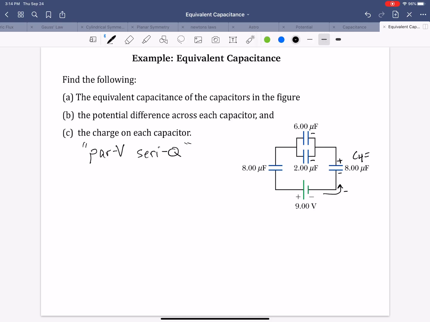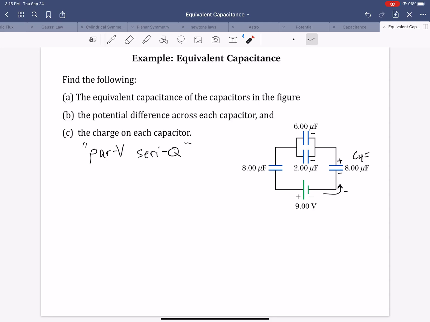The presence of that bottom plate being negative for capacitor 4 attracts all of the positive charges in this segment down here. So you may get tripped up and think, well, these negative charges, wouldn't they be attracted to the positive charge? Yes, but no. This repulsion is stronger in essence.